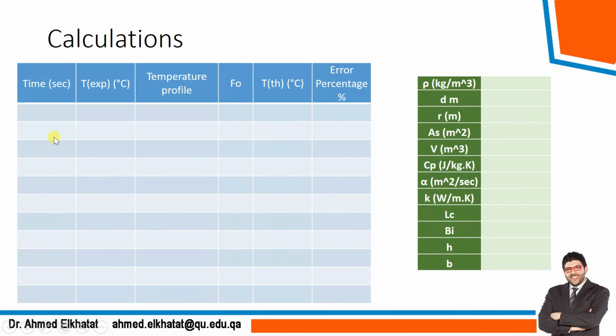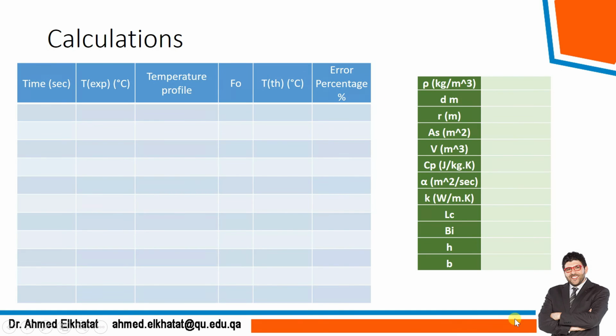We have the time in seconds, and we have the experiment time. We can determine the temperature profile, the Fourier number, the theoretical temperature, and the error between the theoretical and the experimental temperature.